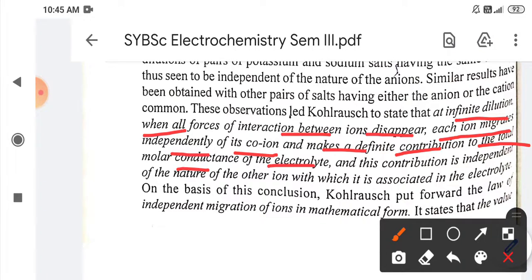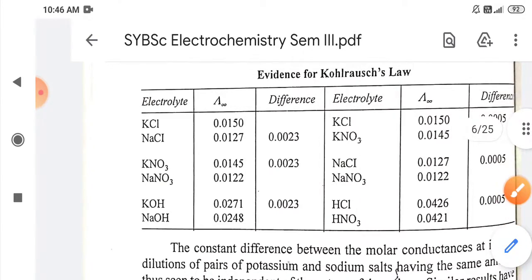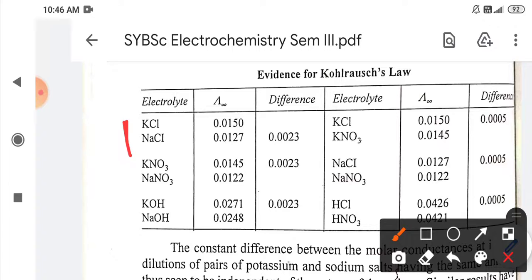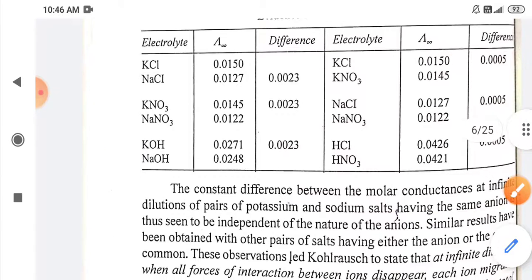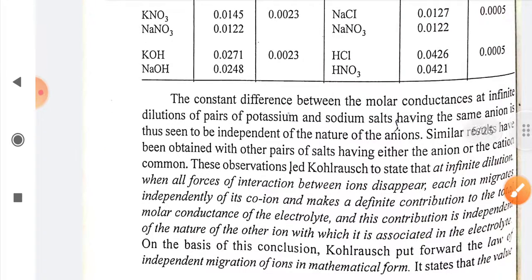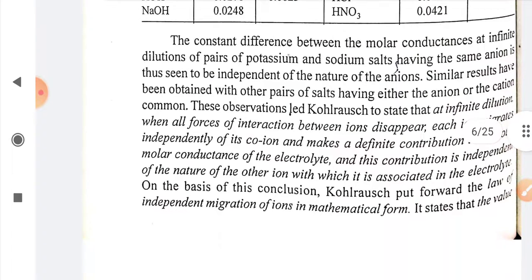and it will make a definite contribution to the total molar conductance of an electrolyte. So at infinite dilution, this K plus as well as Cl minus ion will contribute independently of each other. It will not depend upon K plus and Cl minus; they independently contribute to the overall conductance of a solution.